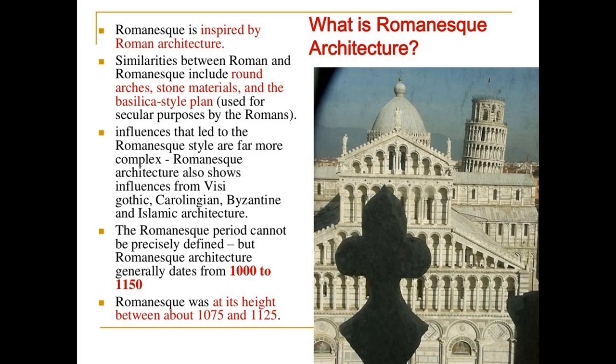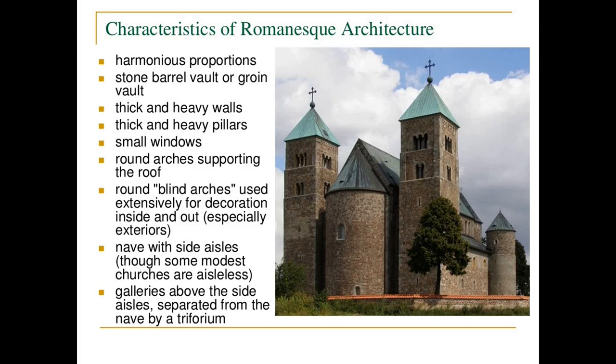Then we should also remember that this type of architecture really had a defensive look. So the walls were thick, and the plans of churches were oriented more on horizontal composition. So we can see in general harmonious proportions, stone barrel or groin vaults, thick and heavy walls, thick and heavy pillars, small windows. By the way, there are several reasons for this.